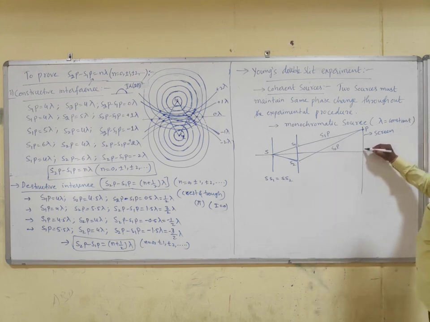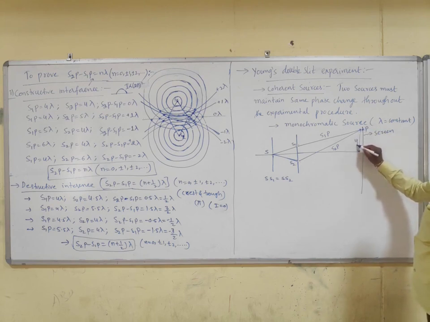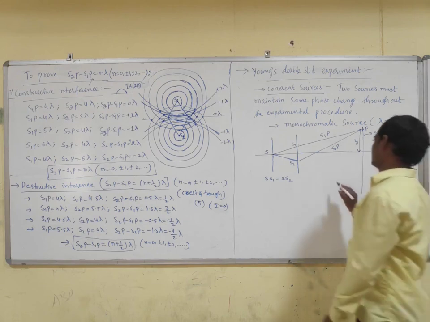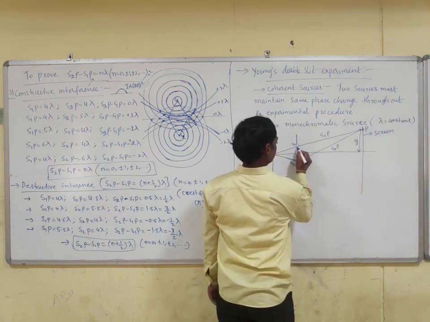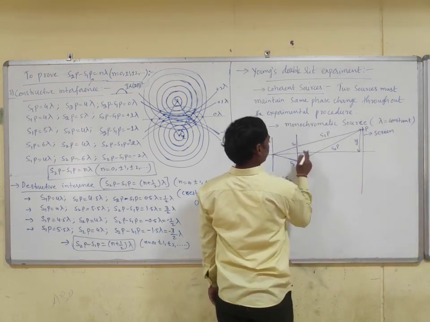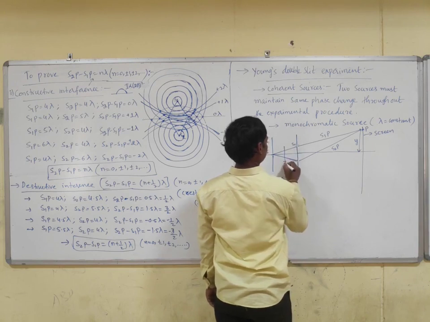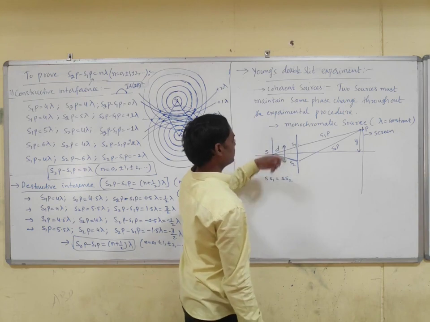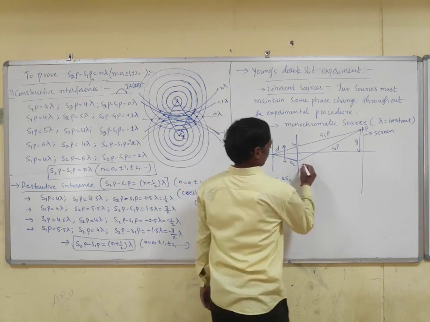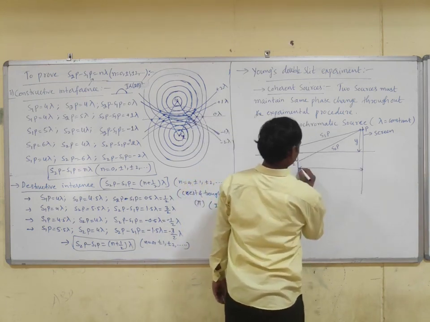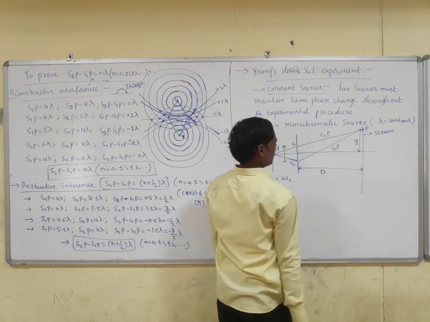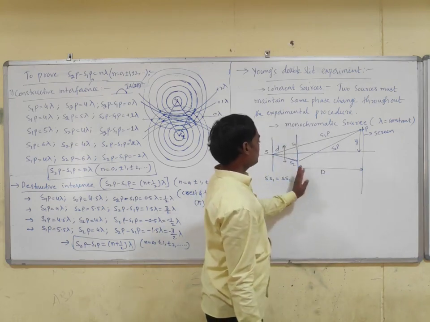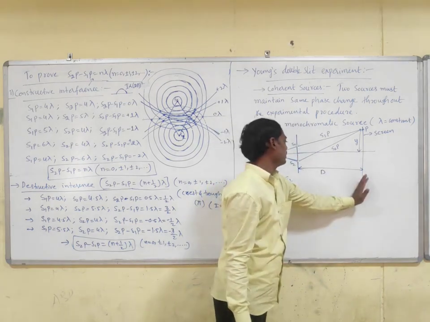For example, it is Y, and S1 S2 are separated by a fixed distance of d. It is the source separation, and this is the screen distance D. Capital D is the separation between the sources and the screen.